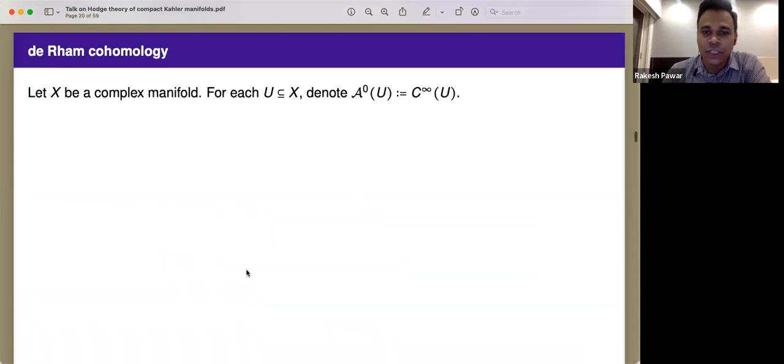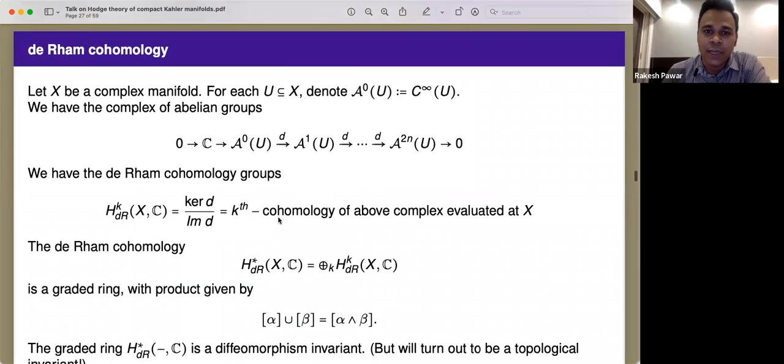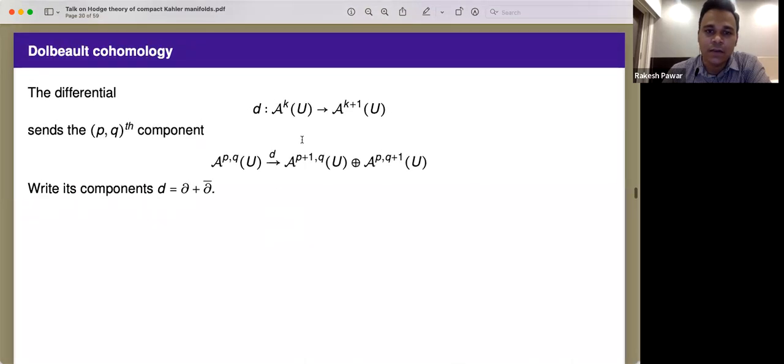So if I have a differential from A^k(U) to A^{k+1}(U), and I evaluate on a (p,q) differential form, I gave an explicit description of what the differential form looks like: dz_{i1} ... dz_{ip}, dz̄_{j1} to dz̄_{jq}. If you evaluate the differential, it will land in these two pieces, (p+1,q) and (p,q+1).